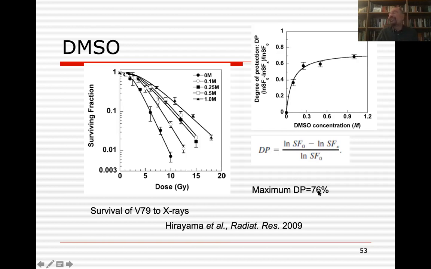It stops at something like 76%, 80%, which corresponds to the fact that when you use X-rays, 20% of the damage is still direct damage, not indirect. So it's not mediated by free radicals, but it's direct damage in the DNA. However, you see a good 70, 80% of the damage is mediated by free radicals and can then be scavenged, can be protected. It's a very high fraction.